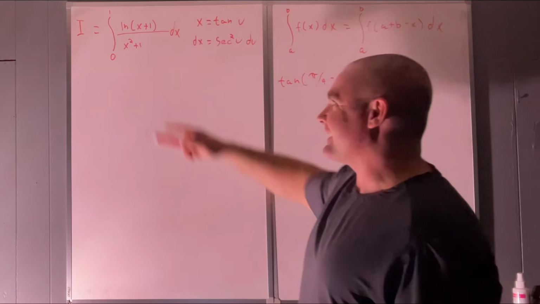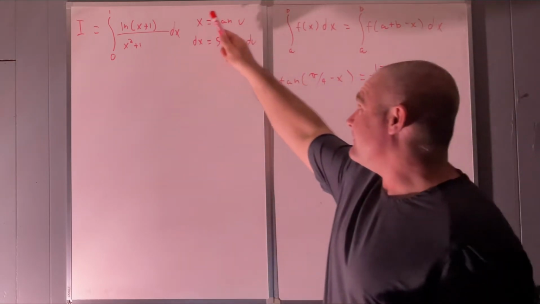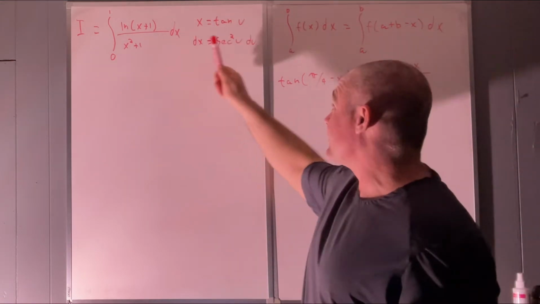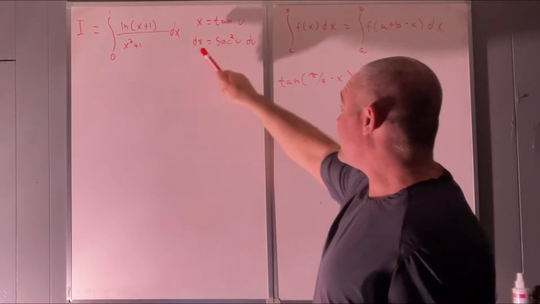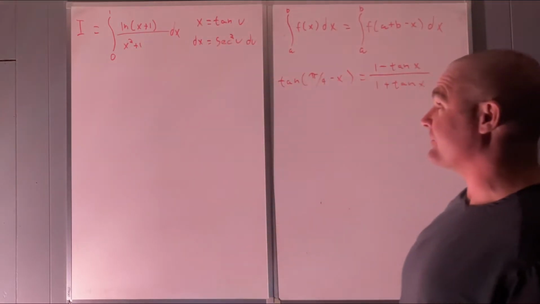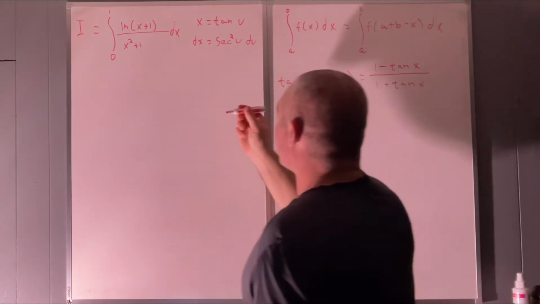Whenever you have x squared plus 1 on the bottom, that's a substitution you definitely want to try, because this will appear in the dx and right here, and they'll cancel out, so it'll make the whole integral a lot nicer to look at. So let's see what happens.